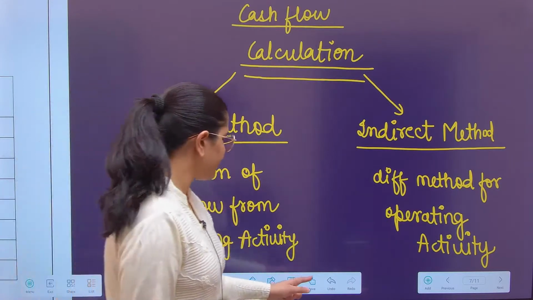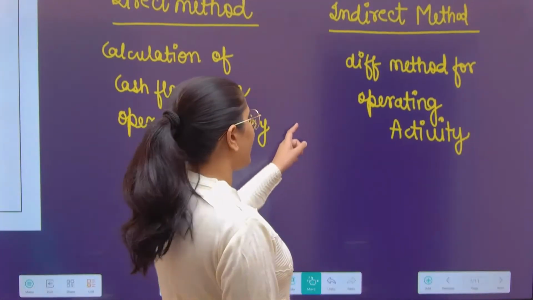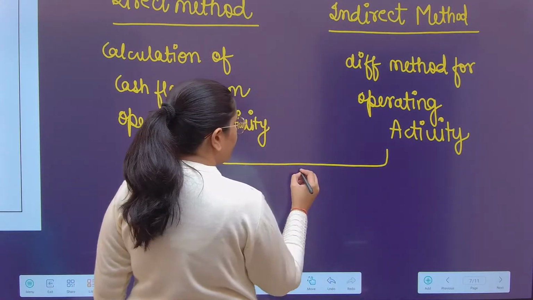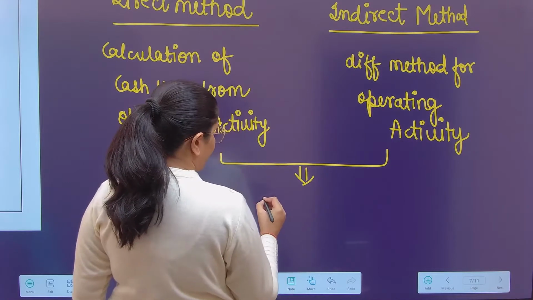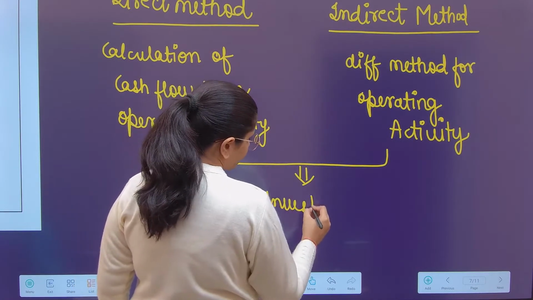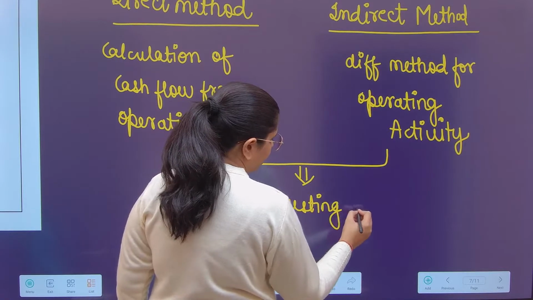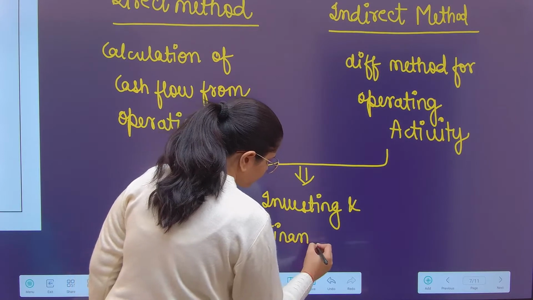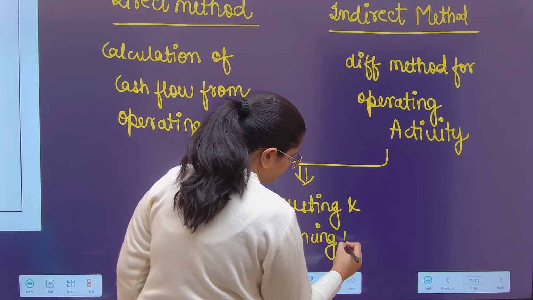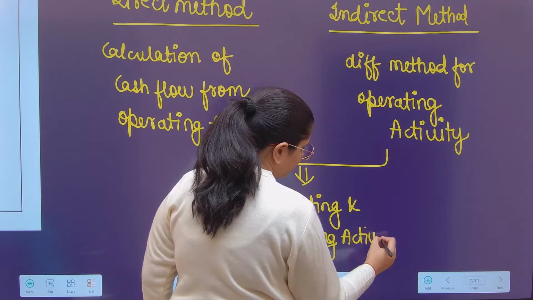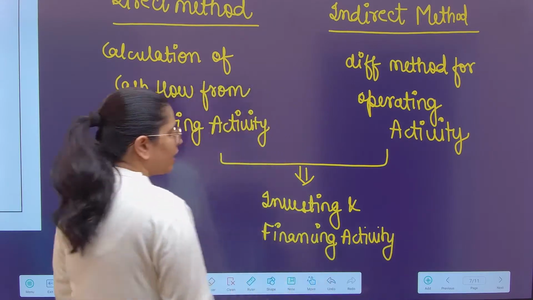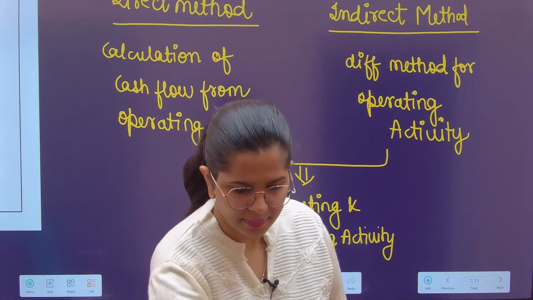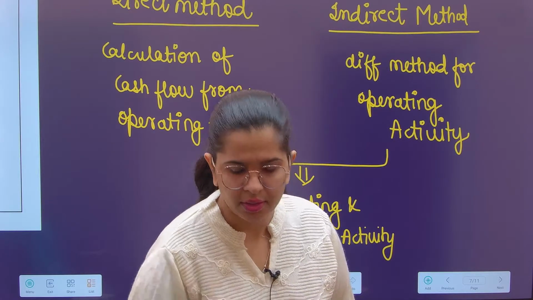In both of these methods, the calculation for investing as well as financing activity will remain the same. What did I say here? In both of these methods, the investing and financing activity calculation will remain the same, right?